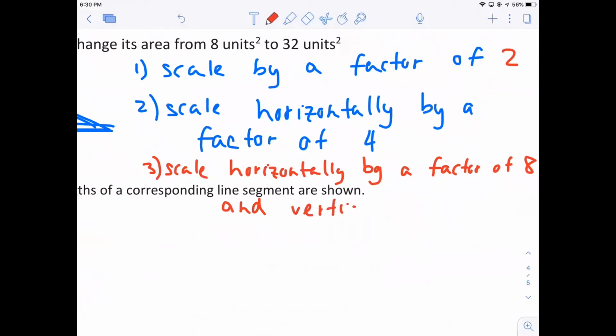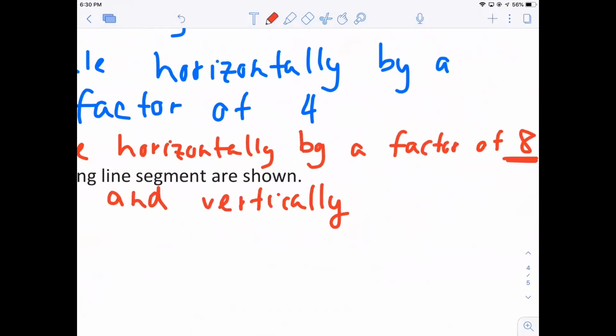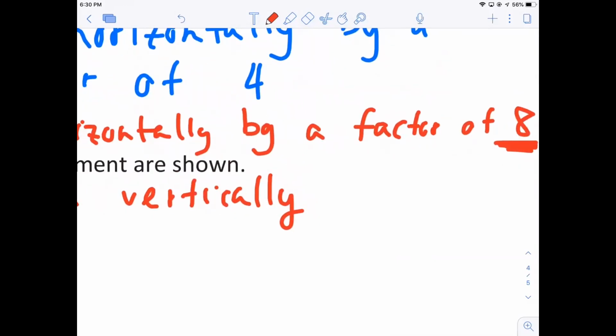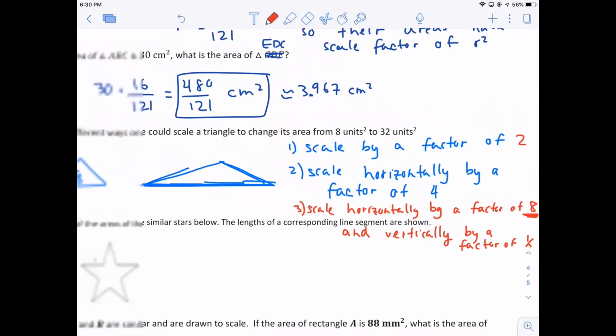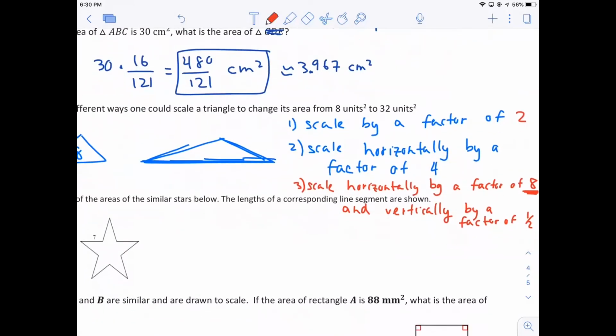Well, all I have to do is make sure that the two perpendicular scale factors multiply to 4. So if I scale horizontally by 8, that means I need to scale vertically by a factor of a half. And that would also give me an area of 32 square units, right? Because 8 times a half is 4. So overall, I'm multiplying the area by 4.